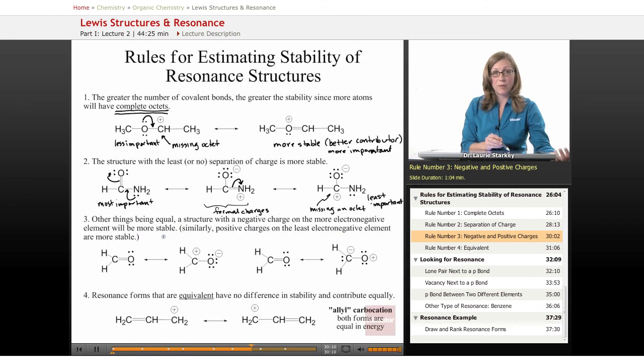And similarly, if we have a positive charge that we're delocalizing, positive charges on the least electronegative atom will be more stable. So for example, when we look at this carbonyl, a CO double bond is called a carbonyl, we can pick this pi bond up and move it to the oxygen to give a C plus and an O minus. Or we could pick this pi bond up and move it to the carbon to give a C minus and an O plus.